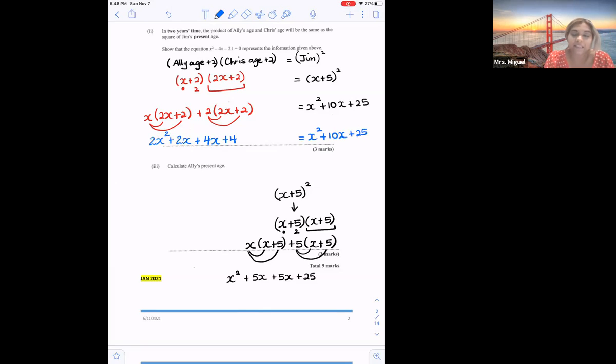When we move the terms on the right to the terms on the left, the sign needs to change. So I want you to simplify this: 2x squared minus 1x squared plus 6x minus 10x plus 4 minus 25. So simplify that for me and tell me what you get.